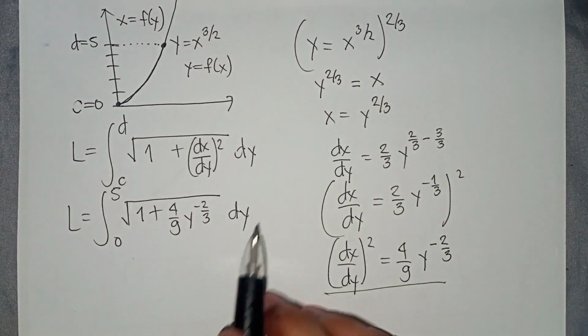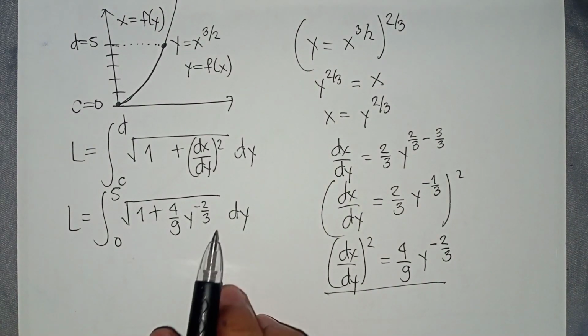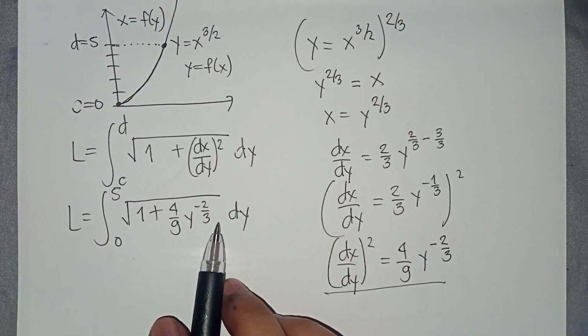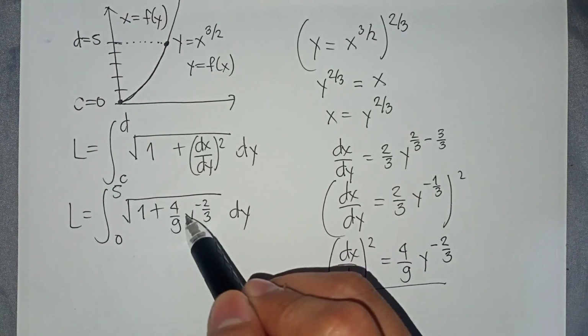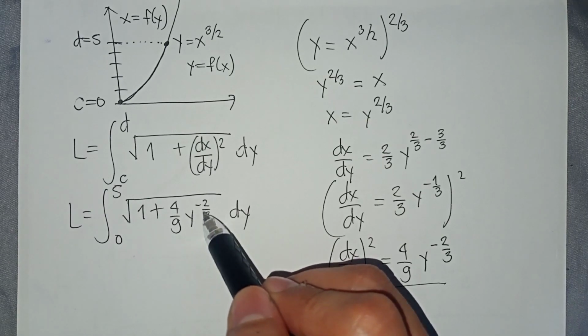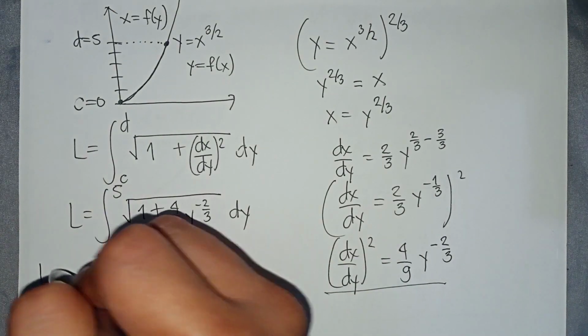Okay, so paano natin makukuha yung integral nito? So, pwede natin gawin, i-factor out muna natin itong 4 over 9 times y raised to negative 2/3. So, anong mangyayari?